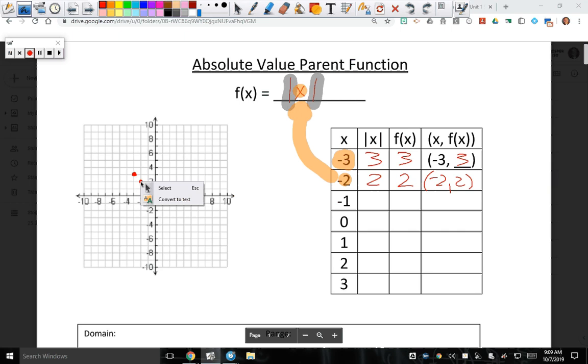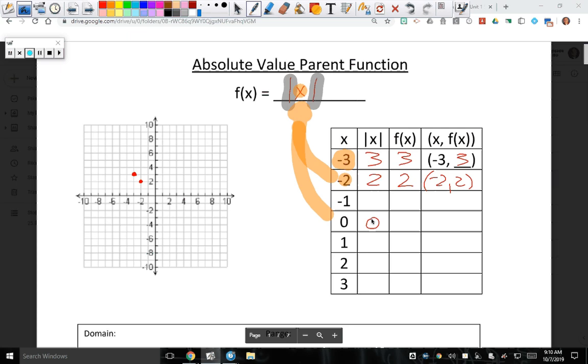So let's jump to 0. Let's plug 0 in. What would I get? 0. Is 0 positive or negative? Neither. Okay, so 0 will always be 0. But nonetheless, the absolute value is always going to spit out a what value? A positive. So don't interpret 0 as positive. Okay? 0, 0.